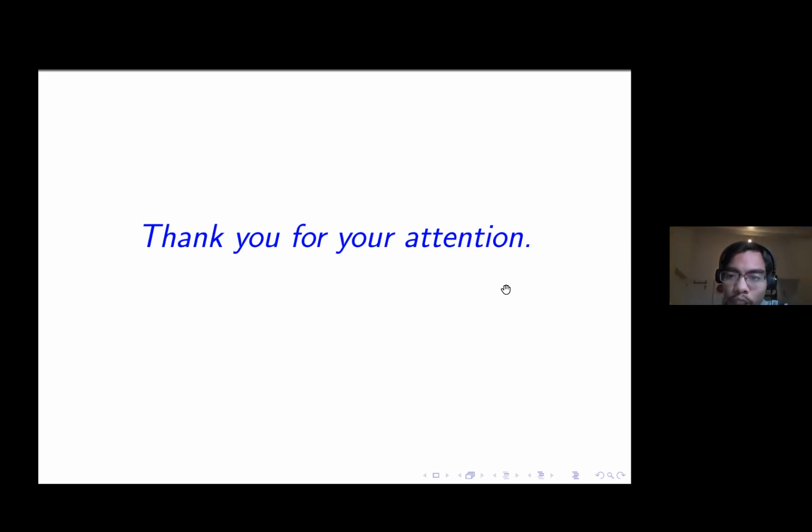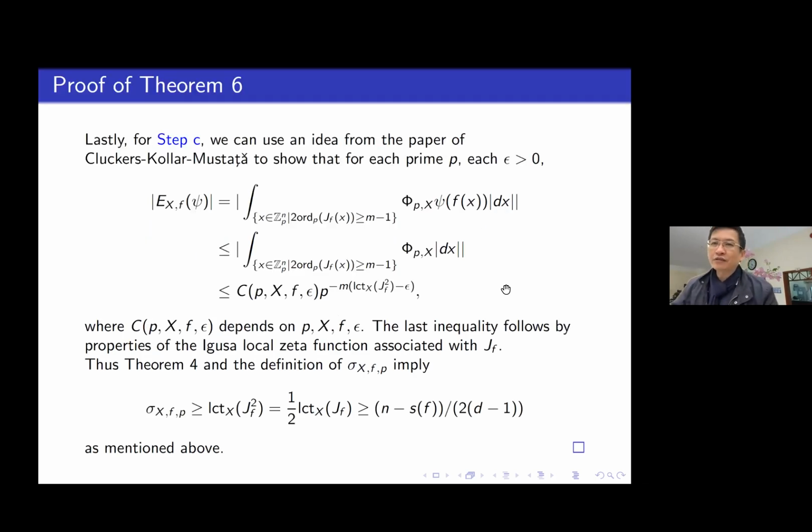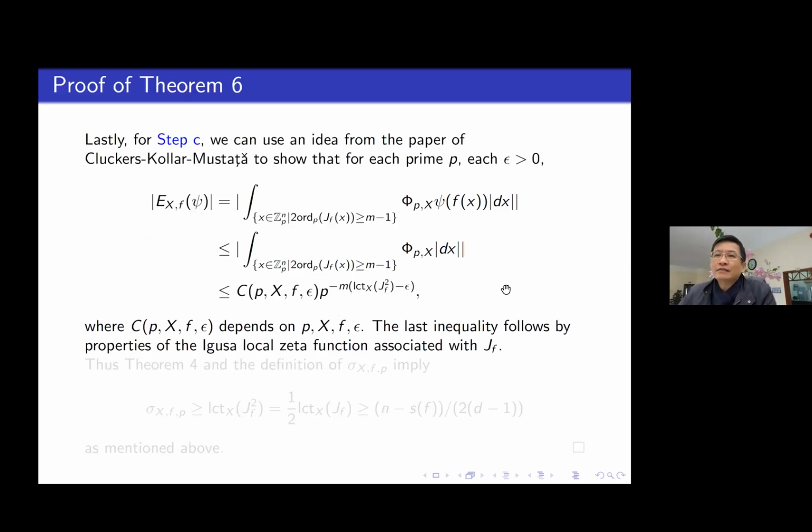Yes, this is a kind of motivation for us. But to work with the Hasse principle, it is not enough, because we need to estimate the minor arcs in the Hardy–Littlewood circle method. But we will try to find some application of this to the Hasse principle in the future.